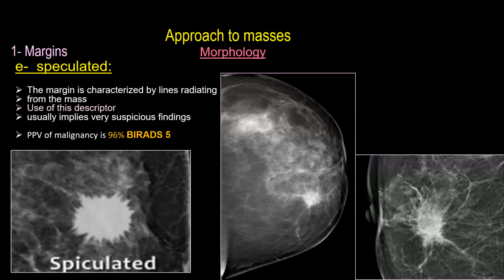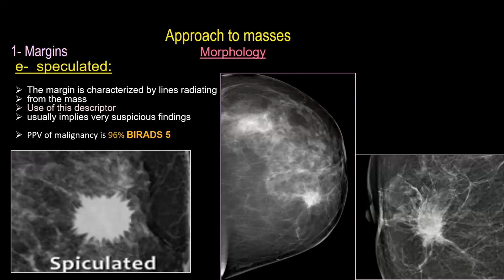But in other studies, they said the positive predictive value of speculation reaches 96% or is considered as BIRAD 5. Very few, okay, less than 5% of speculated lesions represent benign conditions.